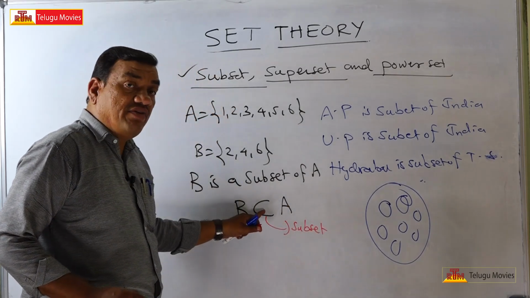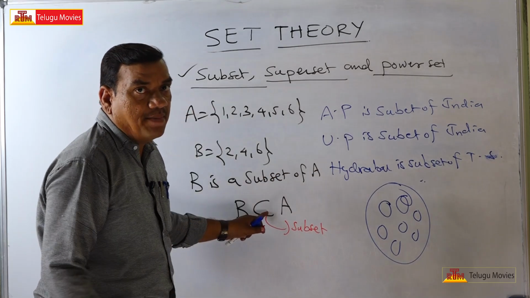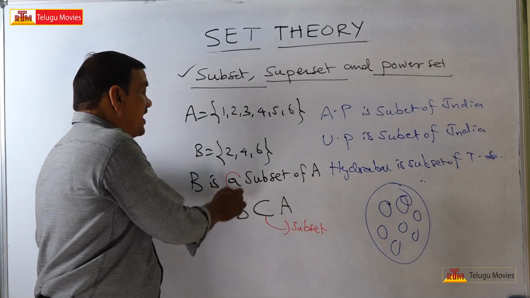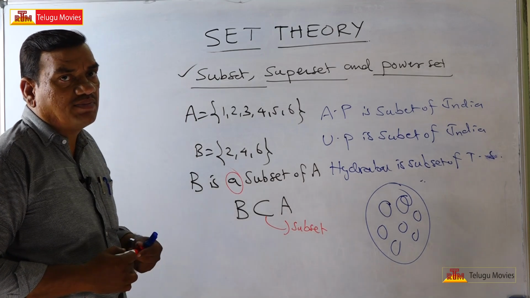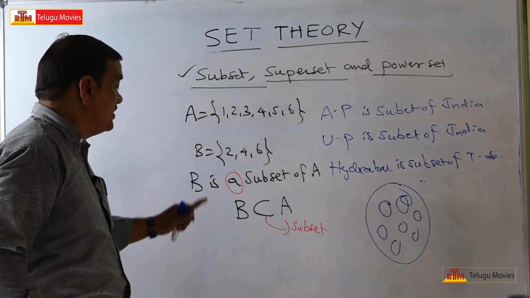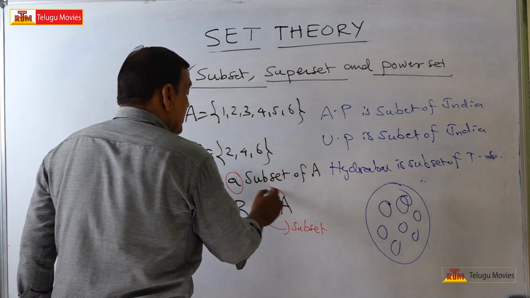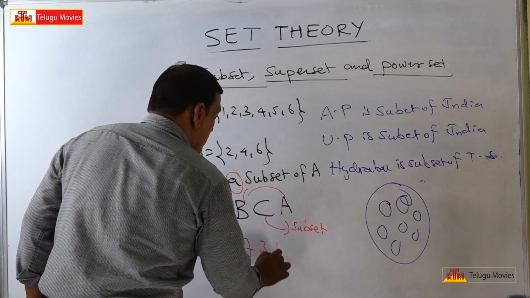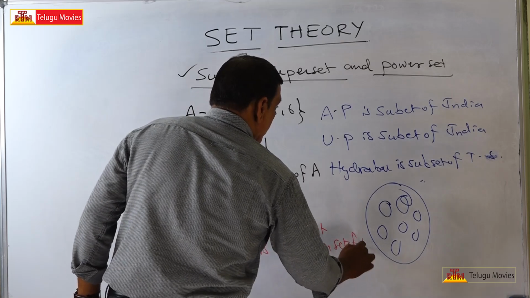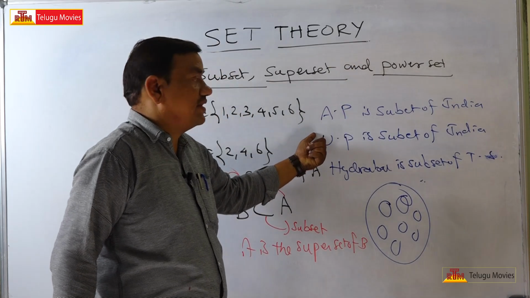Always, whenever you are using a subset, the left side is the small set and the right side is the big set. B is the subset of A. Now I will tell the formula for how many subsets we can write down. B is the subset of A, then A is the superset of B. That means India is the superset of Andhra Pradesh.